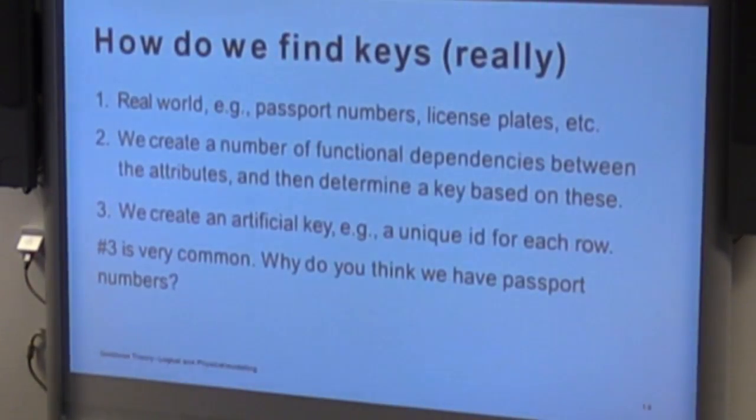And finding keys is sometimes really hard, because if you don't understand your problem, if you don't understand your domain, you might be selecting the wrong combination of attributes as your key.